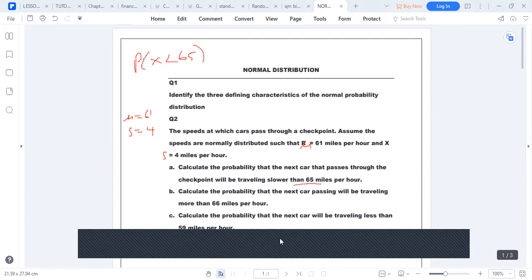So mu is what? 61. Standard deviation is what? 4. Then part A, it will be slower than 65 miles per hour.